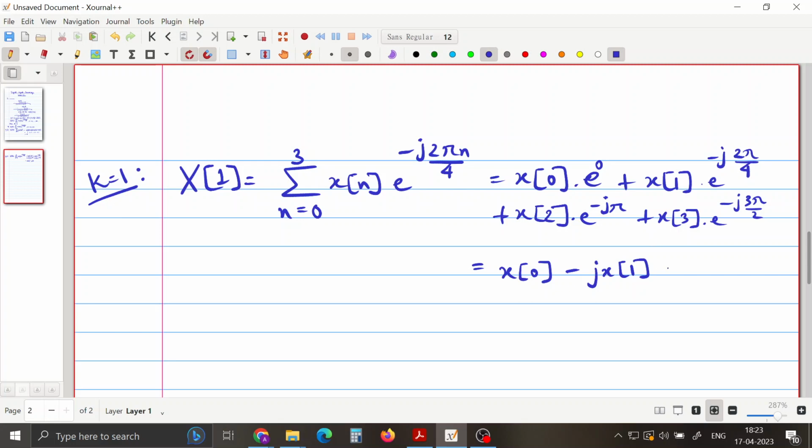It's minus 1, so this is minus x of 2, and what is e power minus j 3 pi by 2? It is equal to j, so you have j times x of 3. Now again put all this, we know the values of x of 0, x of 1, x of 2 and x of 3, they are all 1, right? So put the values.